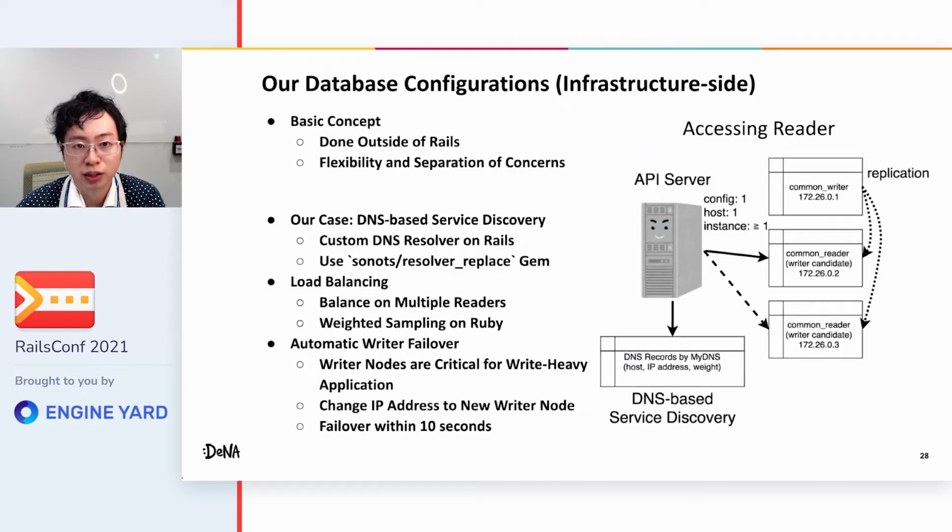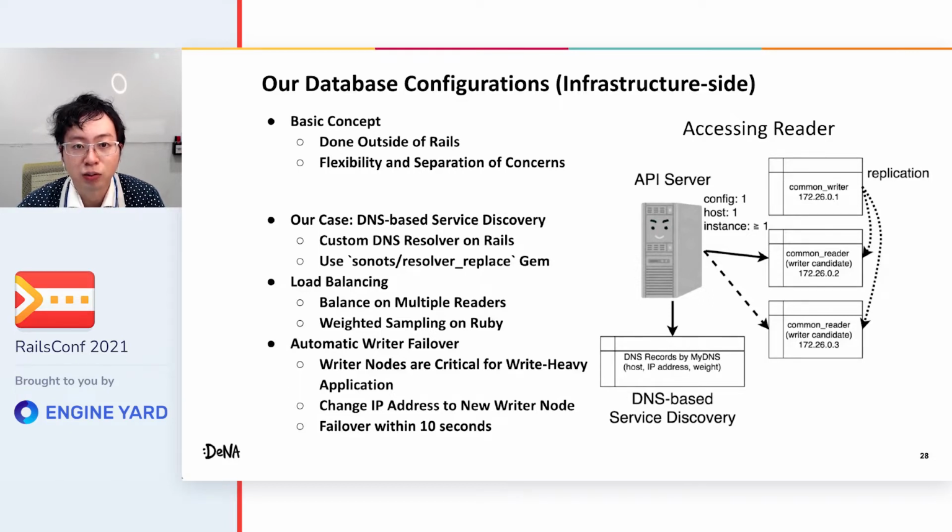From the infrastructure side, we employ several multiple database systems. The key concept here is to do that outside of Rails. This concept increases flexibility and achieves separation of concerns. In our case, we use a DNS-based service discovery system with a custom DNS resolver on Rails.